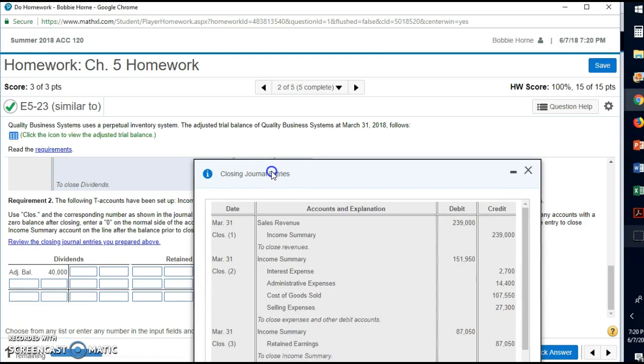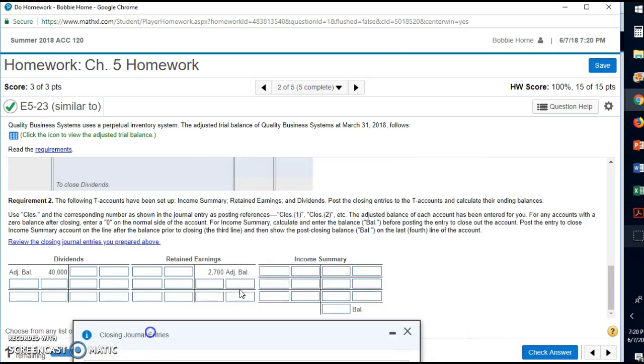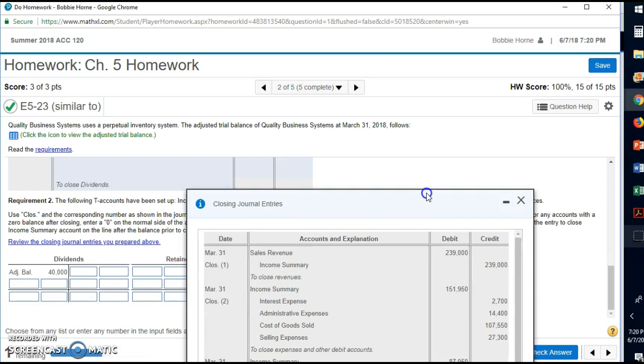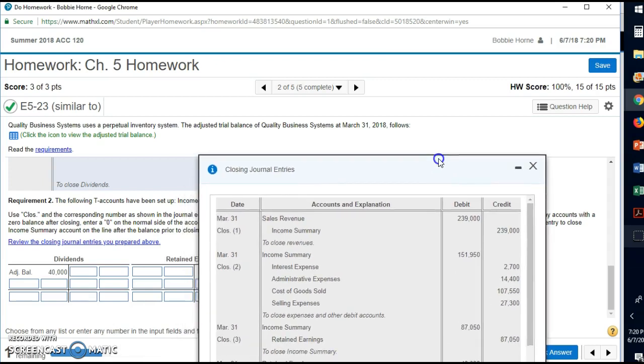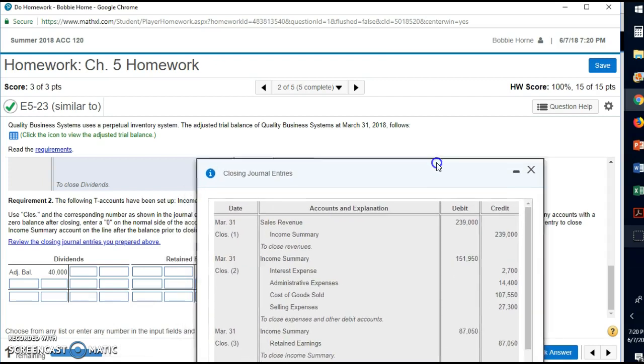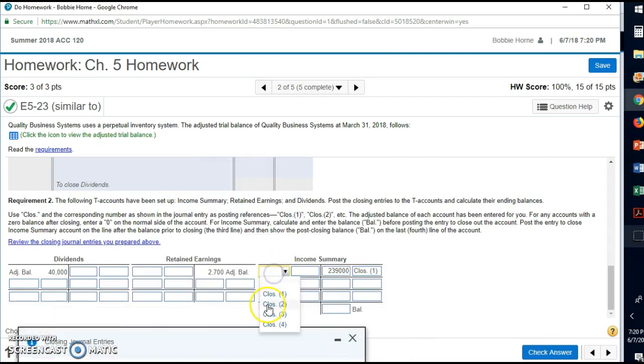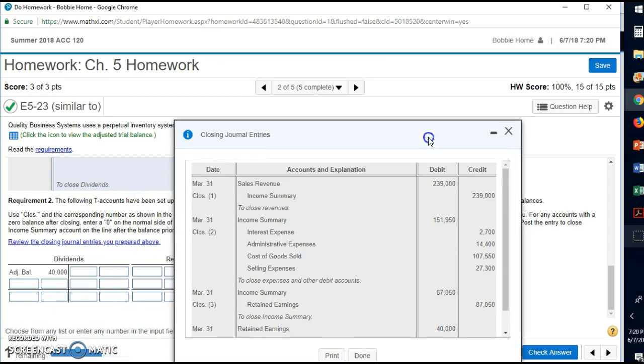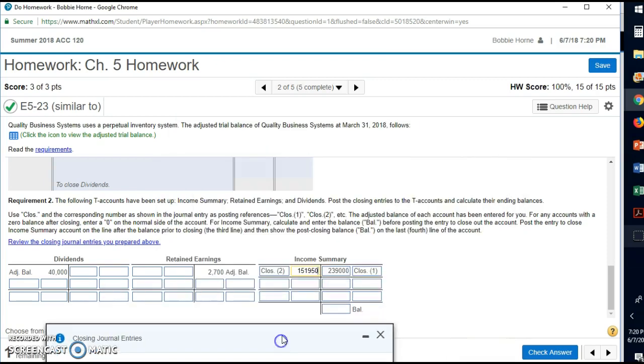Income summary, closing: we credited income summary for $239,000, and then we debited it for $151,950, and then we debited it for $87,050. First, we had a balance over here of $87,050.